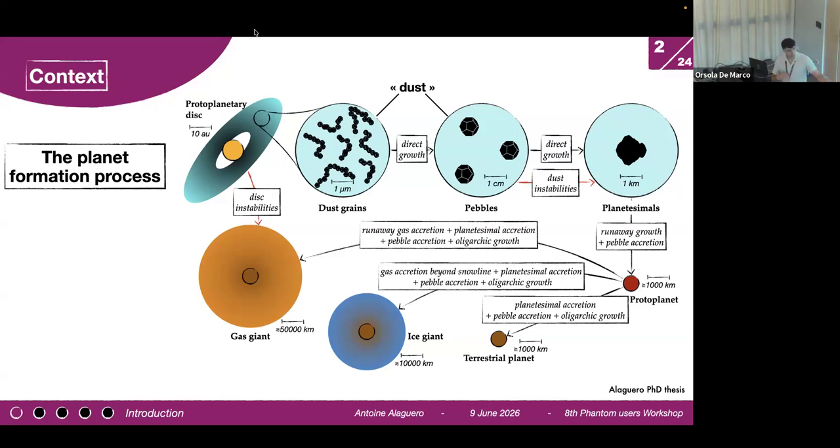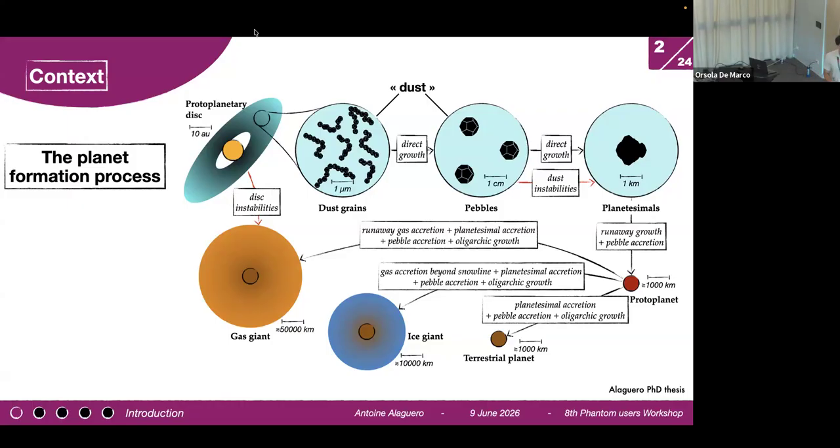These planetesimals, a bit of the same story again, they collide, but they can also gravitationally accrete their surroundings, right? The small pebbles, also the gas, to form protoplanets, and this planetary embryo will, through complex processes that I will not highlight, form one of the exoplanets that we detect nowadays.